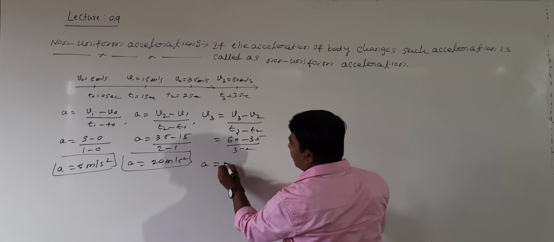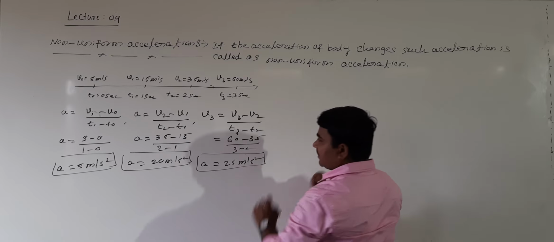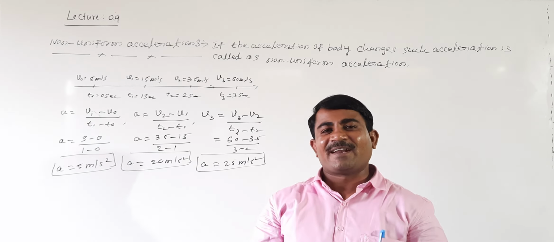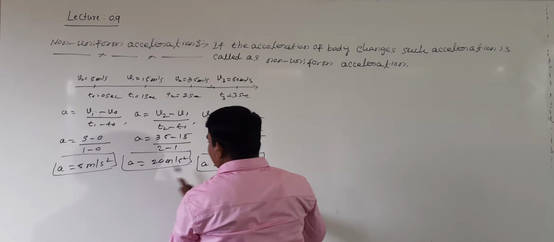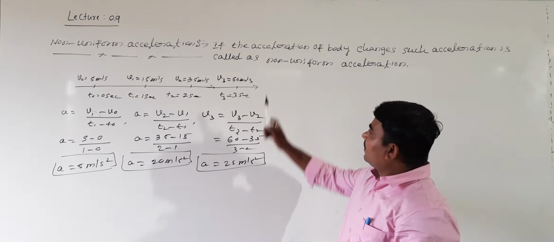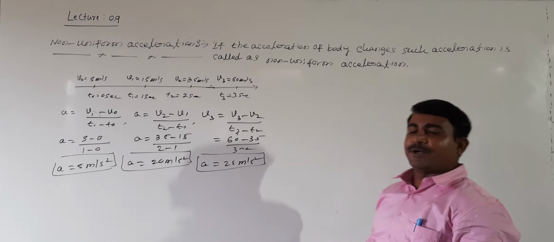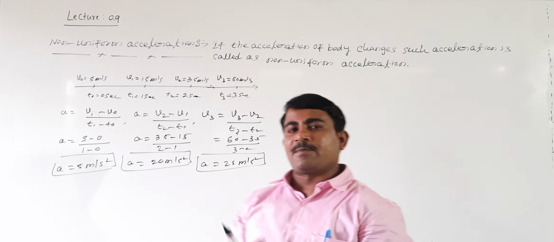That is 25 meters per second squared. What did you get here? Directly, the acceleration of the body changes at every point. Such acceleration is said to be non-uniform acceleration. This is an example for non-uniform acceleration.